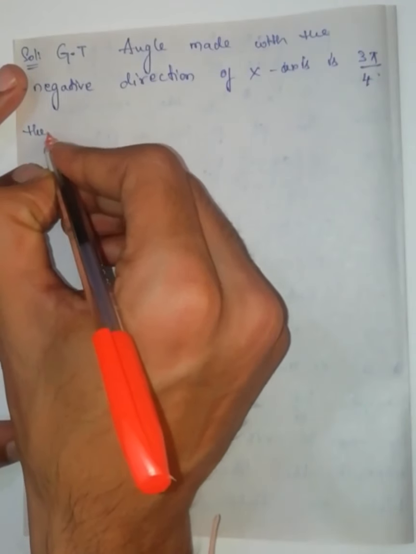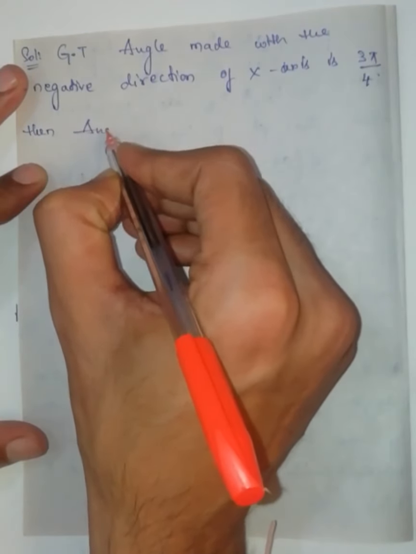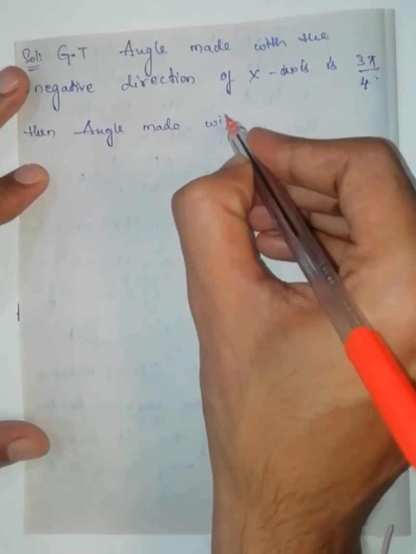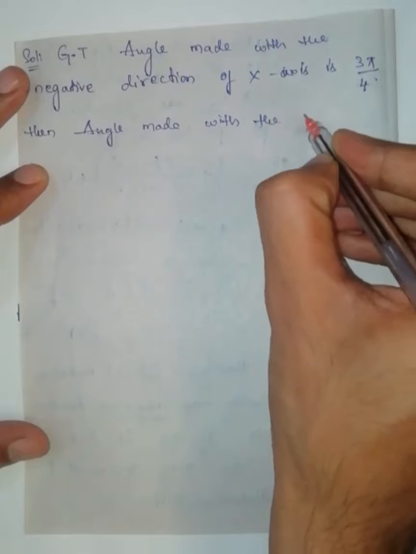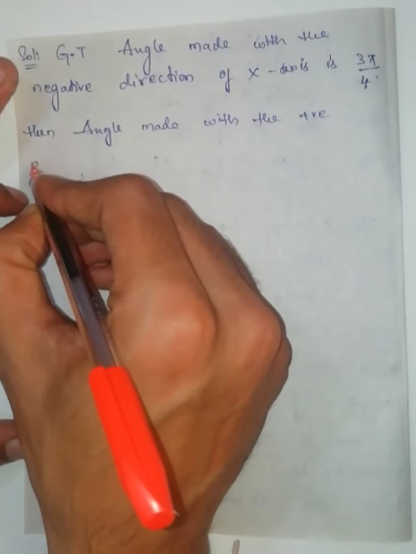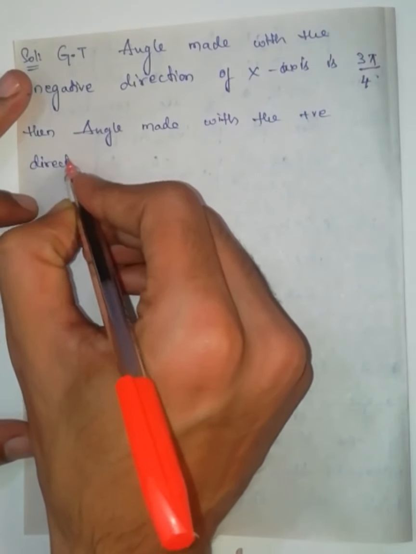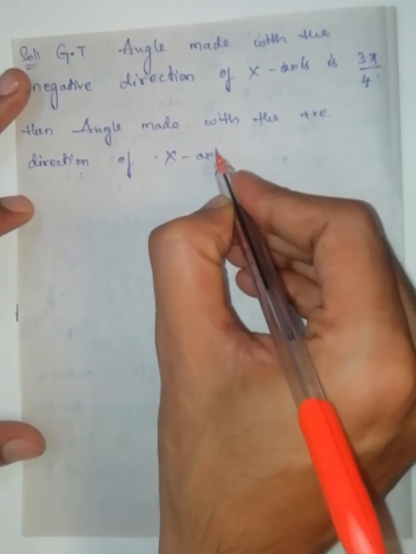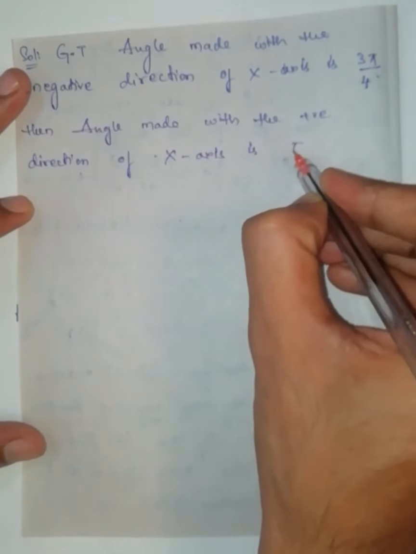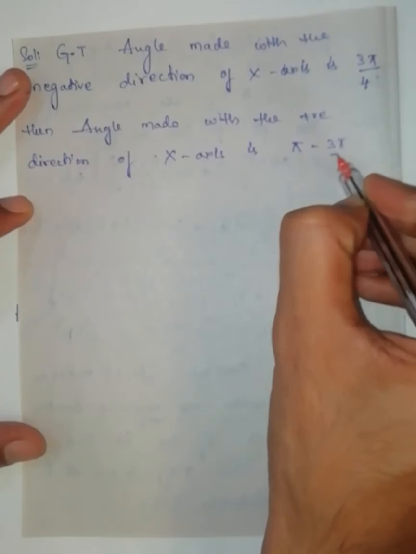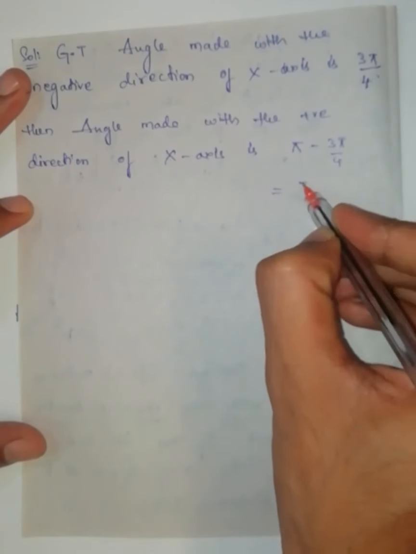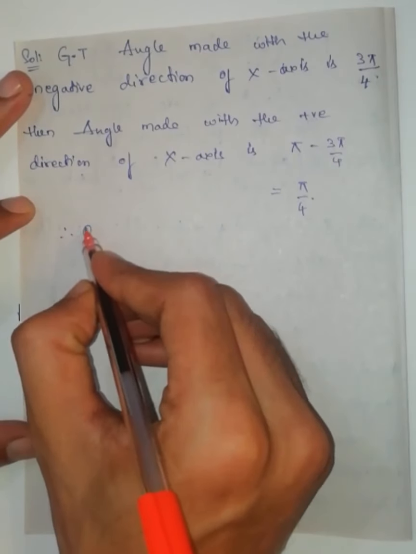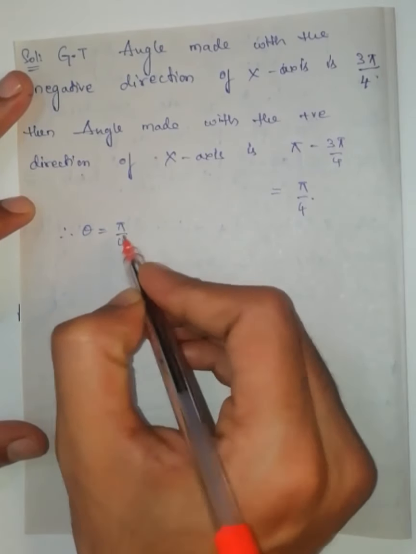Then angle made with the positive direction of x-axis is pi minus 3 pi by 4, that is nothing but pi by 4. Therefore theta is equal to pi by 4.